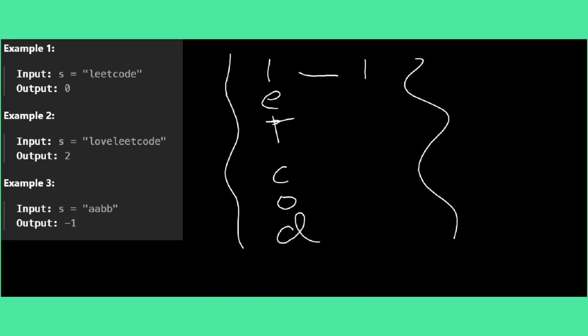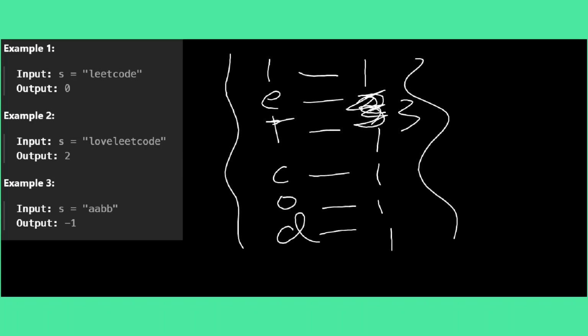This is 1, this is 2, this is 1, this is 1, this is 1, this is 3, and this is 1. So as you can see, L is the first one that comes up in the hash map. So we'll basically be returning that.